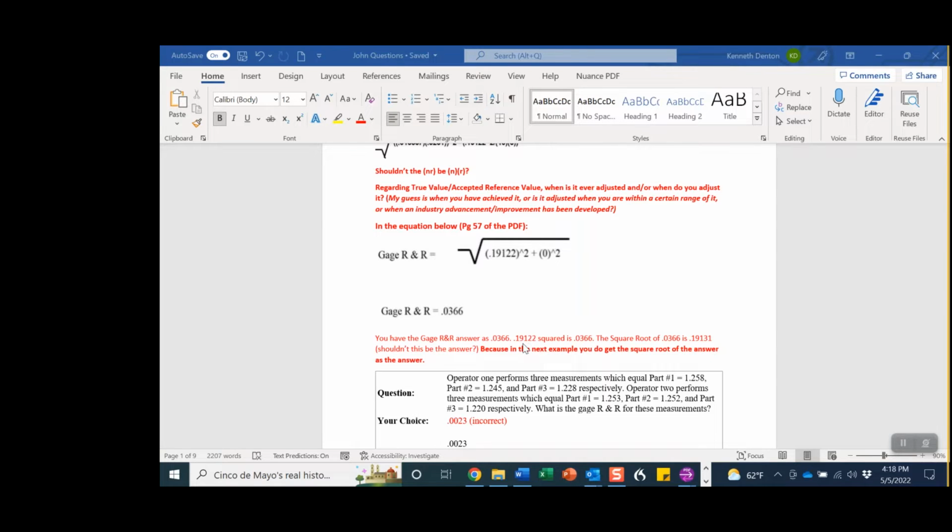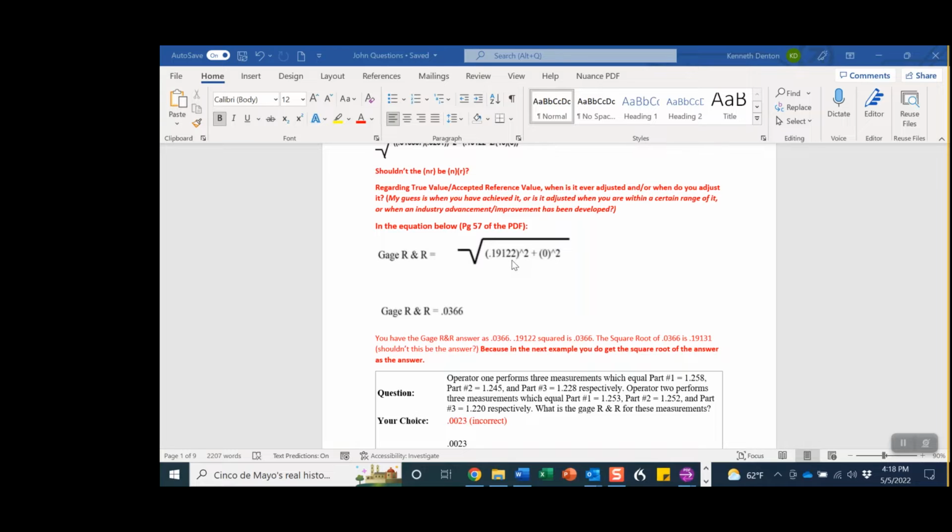Right here I have 0.19122 squared is 0.0366. The square root though of 0.0366 is 0.19131. Shouldn't this be the answer? Because the next example you do it that way. So in other words, you squared it instead of square rooted it.